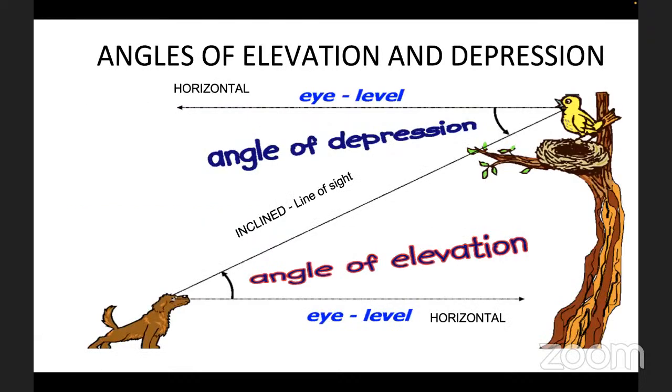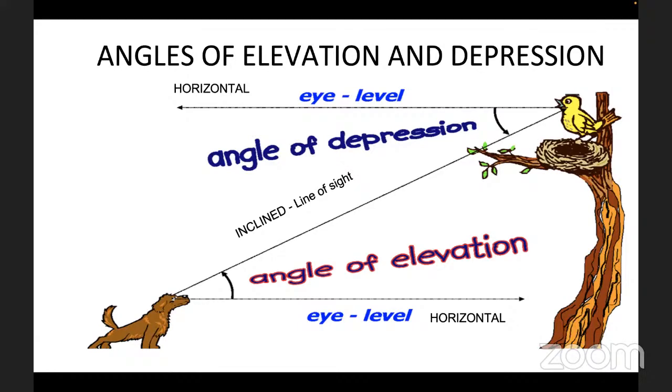So here we are now, we have a compound diagram. The dog is looking at the bird, so that line of sight is from the dog to the bird. You can also label it the inclined line of sight.